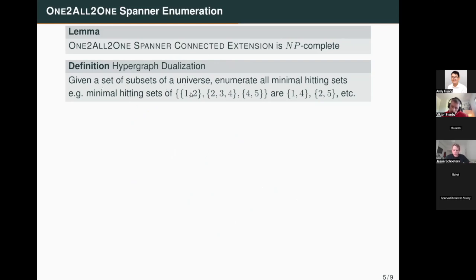So if you have a set of subsets 1, 2, 2, 3, 4, and 4 and 5, then some minimal hitting sets are 1 and 4 because they hit all of the subsets. 2 and 5 for the same reason. And there's another one which is 1, 3, and 5. It's not a minimum hitting set, but it's still a minimal hitting set.